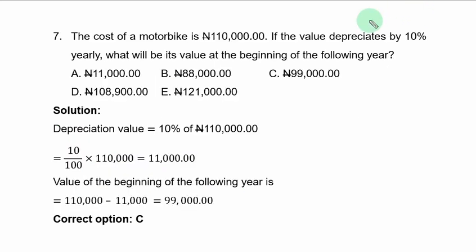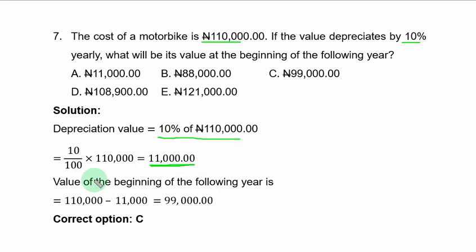Question 7. The cost of a motorbike is 110,000 naira. If the value depreciates by 10% yearly, what will be its value at the beginning of the following year? So let us get the depreciation value, that is 10% of the cost, and that is 11,000 naira.